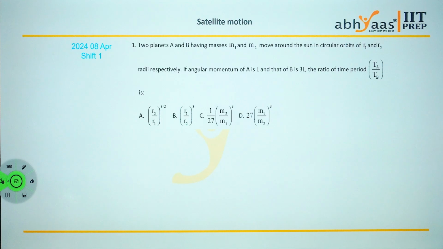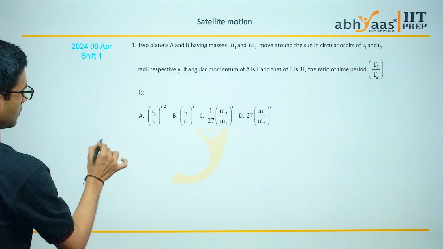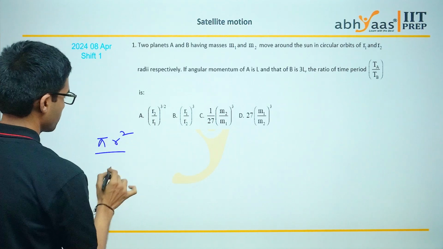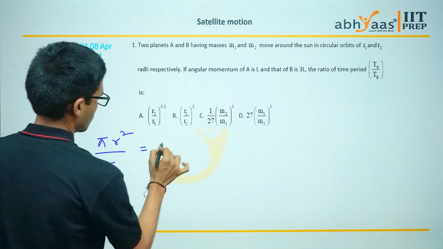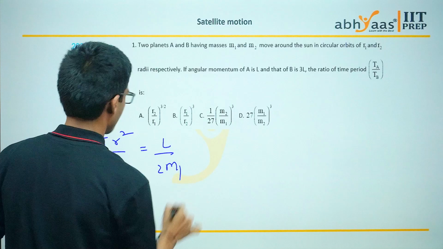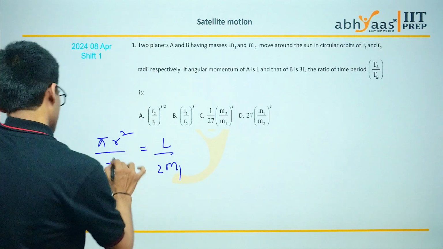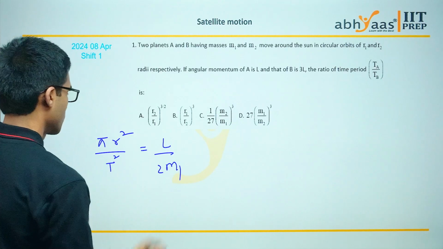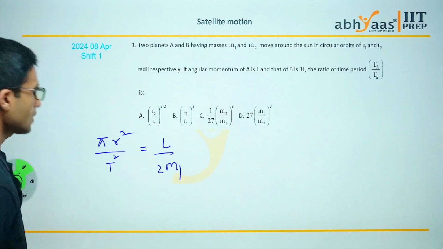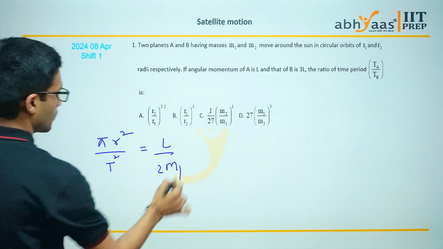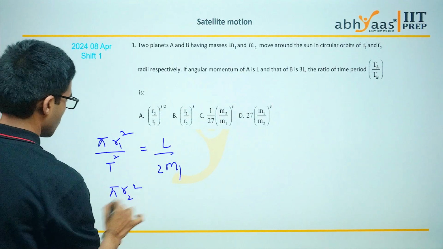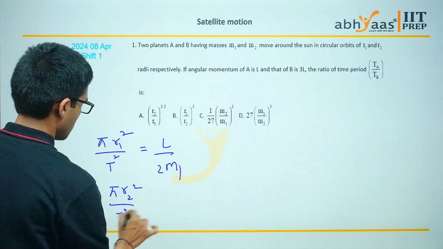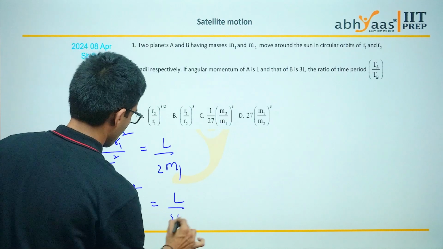Okay, now going to the next one. Here, Kepler's laws. Now going to Kepler's laws. So, pi r square by T is equal to L by 2m1. If you know this formula, then what you will get? First one is m1, m2, moving with r1, r2, r2 square by T, L by 2 m1.